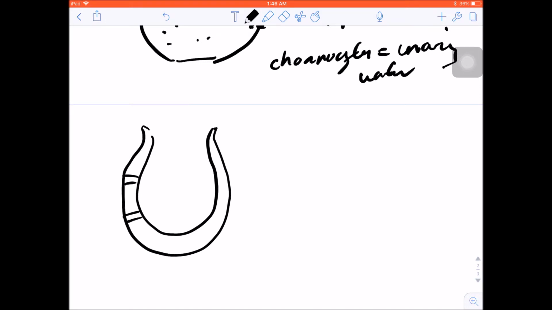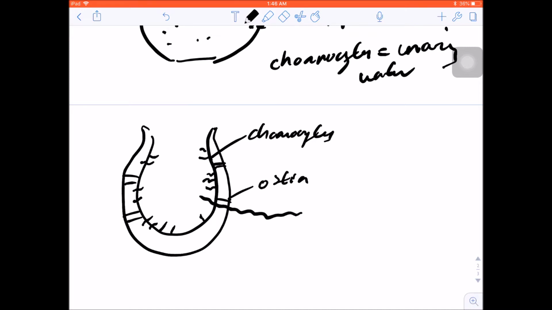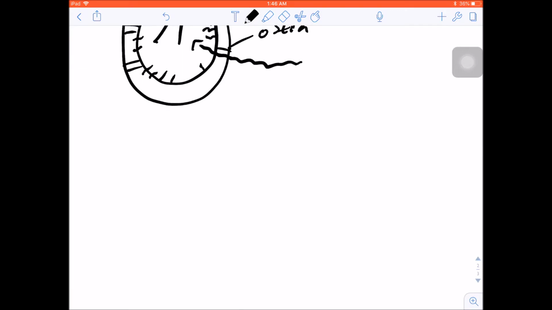You've got these pores, ostia, and then on the inside, for this simple sponge, you have these choanocytes that are beating their flagella, and this moves water from the outside inwards and up through the osculum at the top over here.